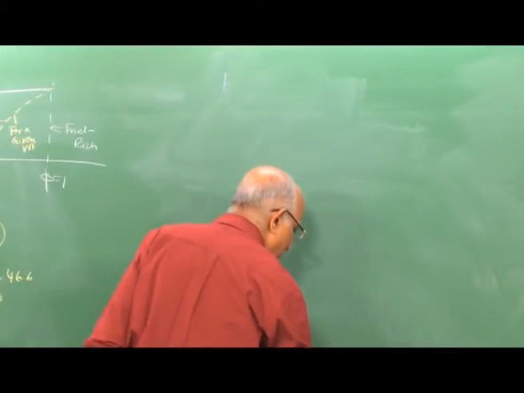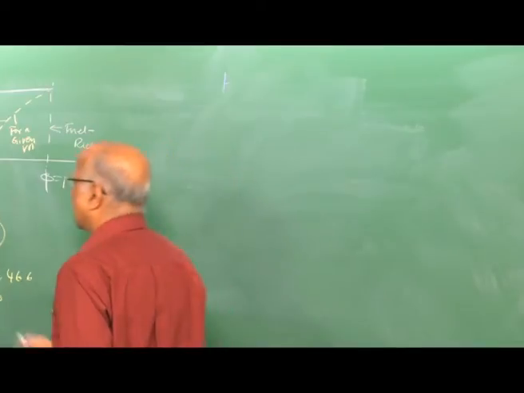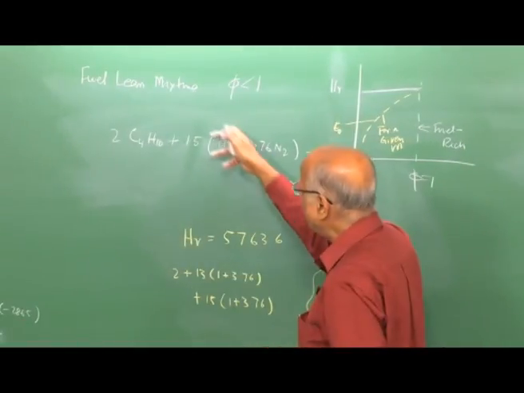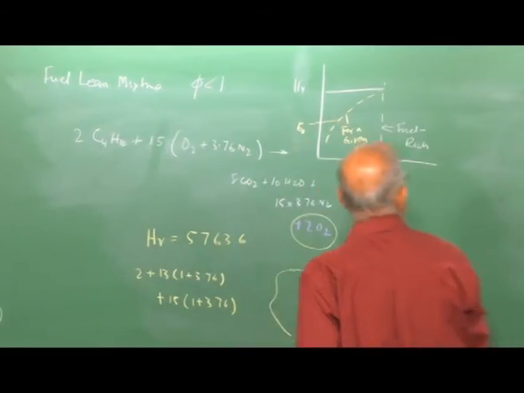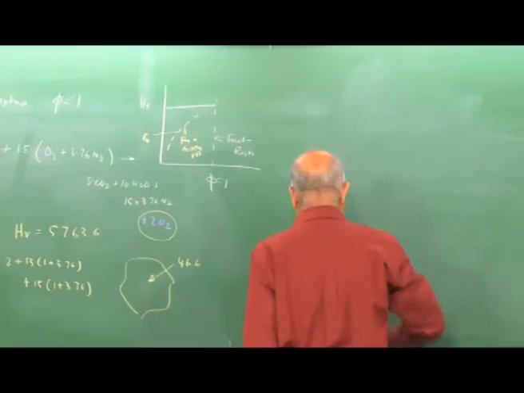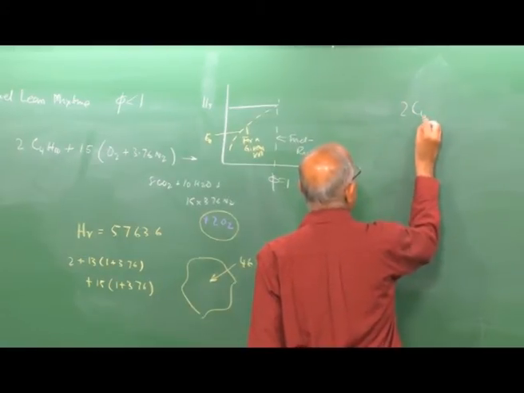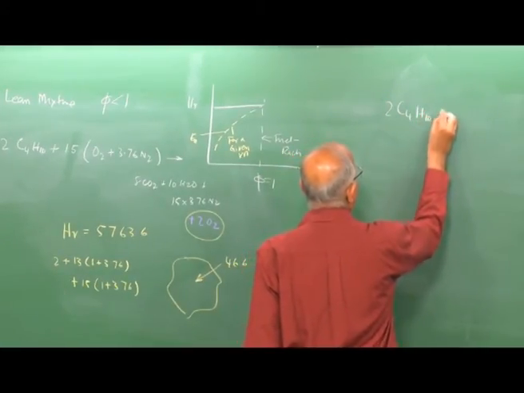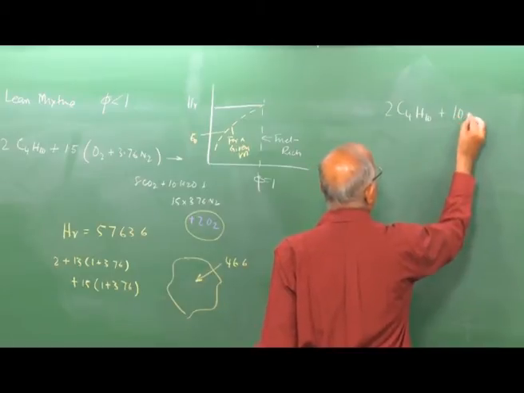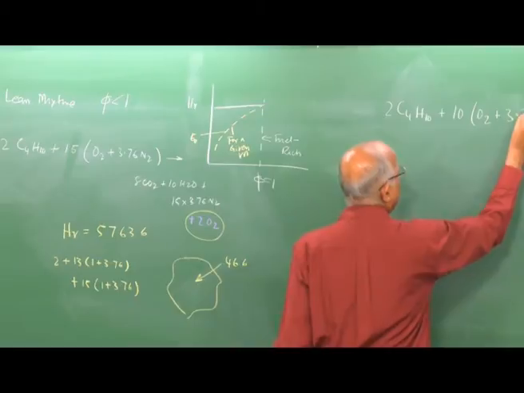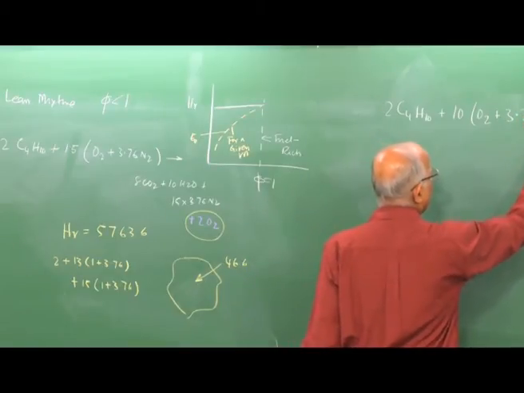Well, fuel rich, we said, I do not have 13 moles for stoichiometry, maybe I will have less. Let us consider 10 moles, which is the example I considered earlier. Let us therefore write the equation down: 2C4H10 plus 10 of oxygen, where 1 mole of oxygen in the air is associated with 3.76 moles of nitrogen.